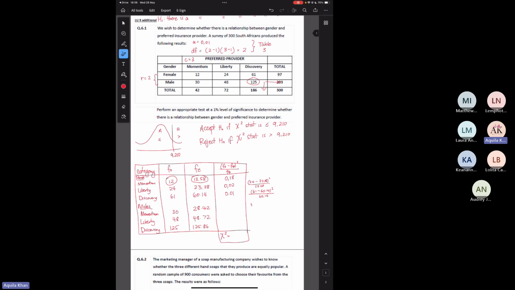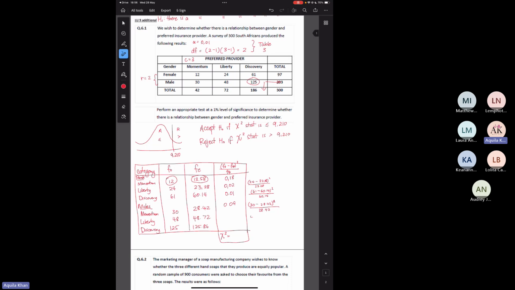And then the next one is 30 minus 28.42 squared over 28.42, and that is 0.09.